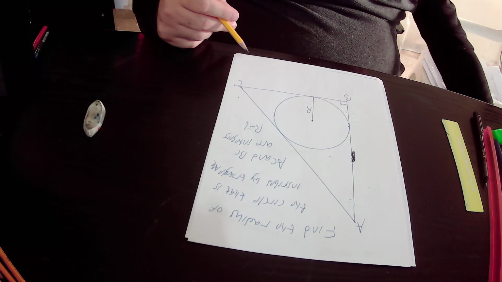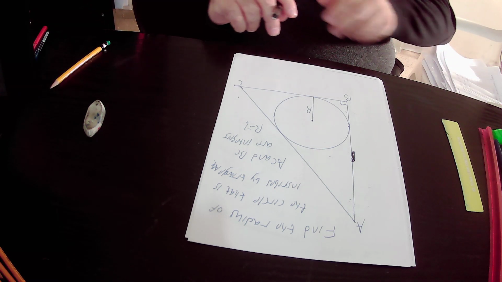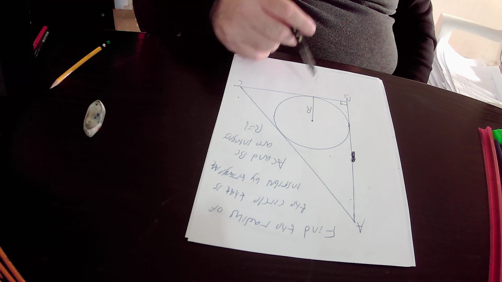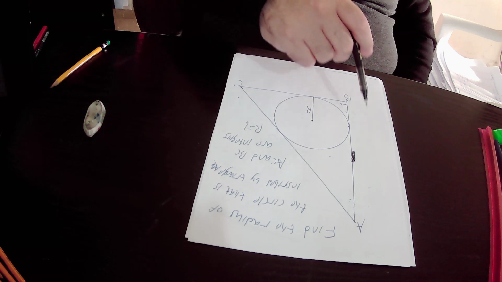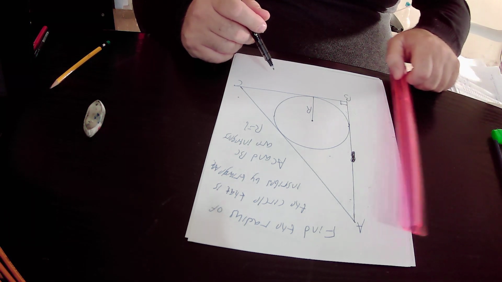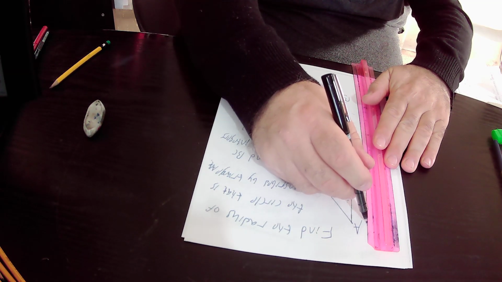Okay, so our mission now is to find the radius of this circle inscribed in the right triangle ABC, which could be any right triangle. So first of all, we define side AB as A.